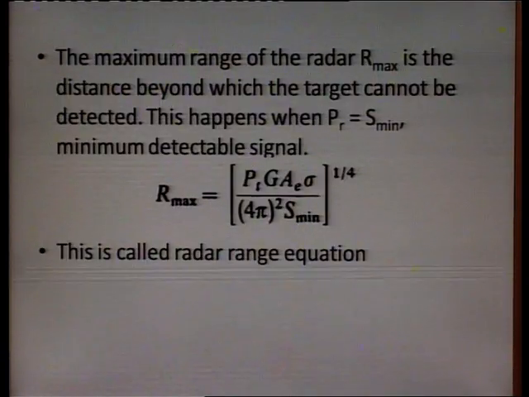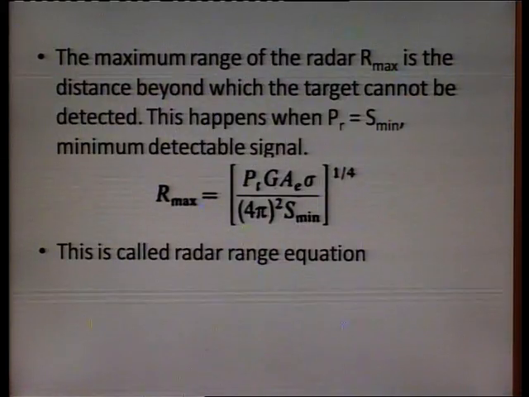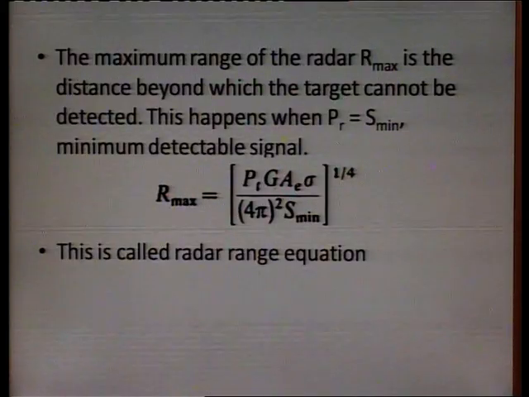Why? Because that signal strength is not enough to trigger the receiver circuit on, and when the receiver circuit is not triggered on, we cannot have a received pulse, and we can't know whether the signal has been received or not. If we do not know whether the signal is received or not, we cannot calculate the range.